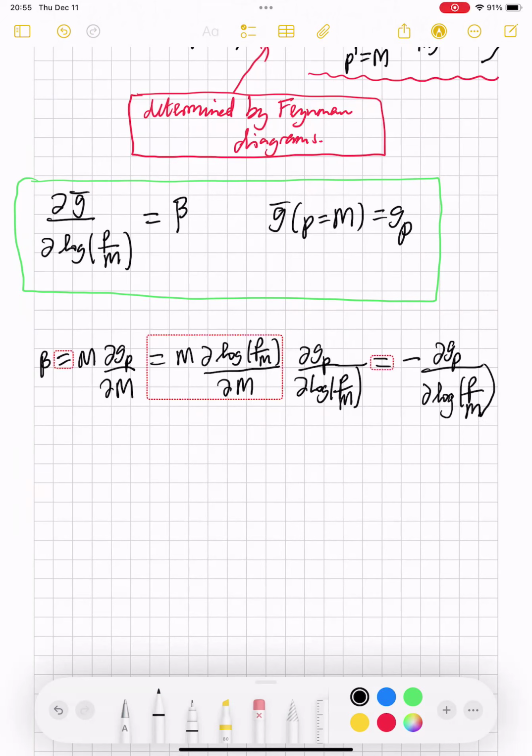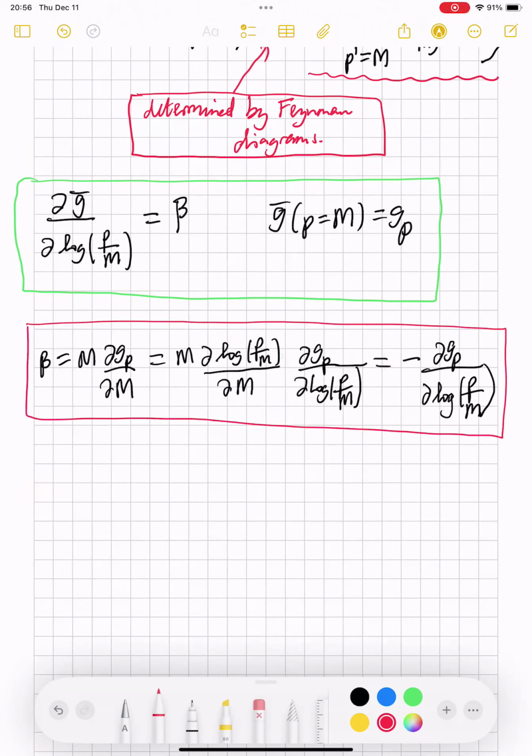Now, the question that I was asked is about a sign. So if you look at this equation in the red box, we've got beta is equal to minus dg_p/d log(p/m). And inside the green box, we've got beta is equal to dg-bar/d log(p/m). So the question was, did we make some sign error?